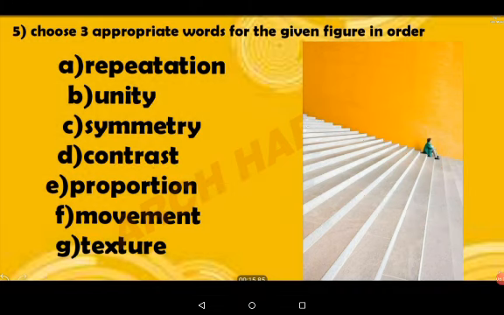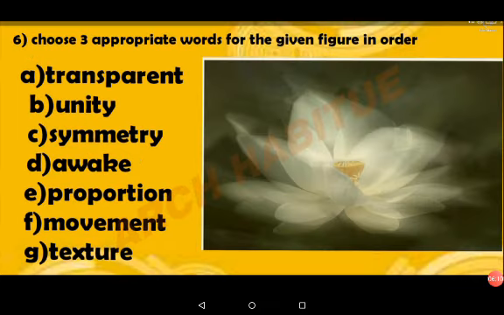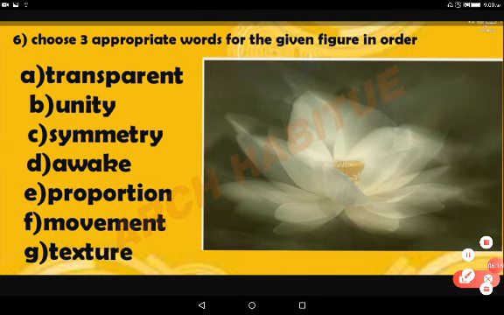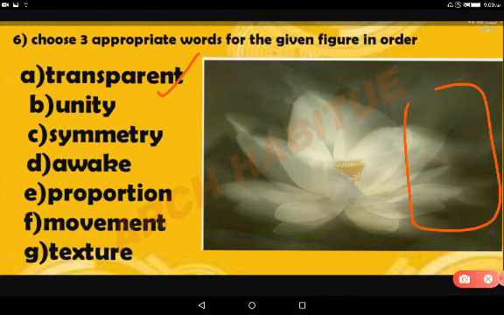Okay, figure, is it transparent? How can we check is it transparent? By looking part by part. See this region, we can see clearly many petals. Yes, this petal, through this petal we can see the other petal too, through this petal we can see this petal too.